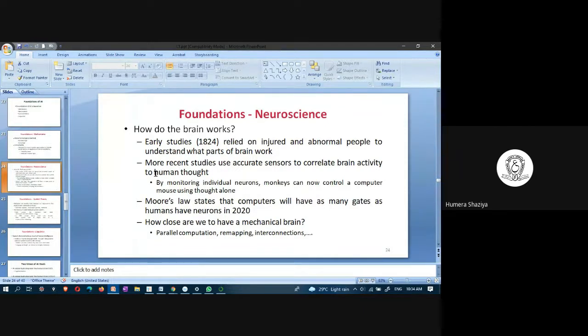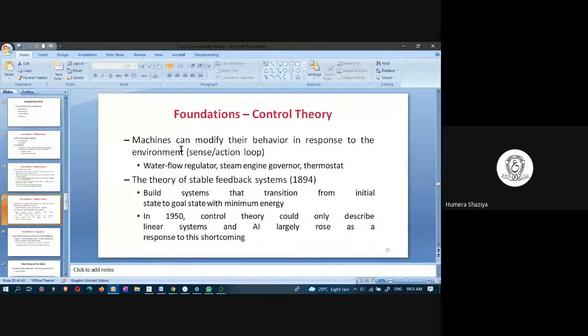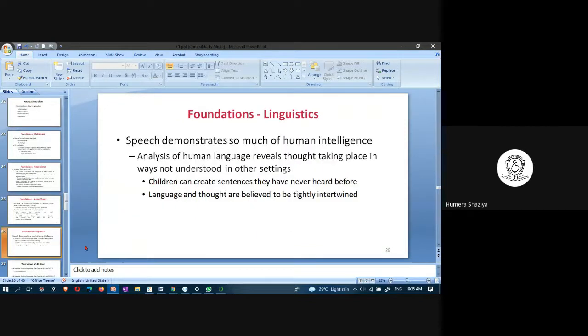There is no knowledge yet about how things are actually stored in the brain, but neuroscientists are trying. How machines modify their behavior and respond in the environment is control theory. And to understand human language, machines should learn linguistics as well.